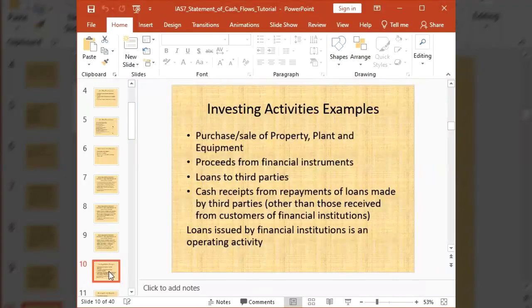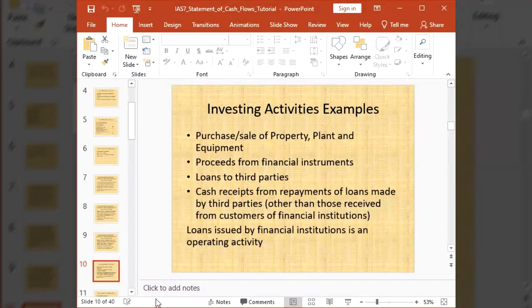What this implies is that a reporting entity is expected to purchase property, plant, and equipment because they believe that such purchase is going to lead to future economic benefits in the long run. This is why we say that they are investing activities. Also, financial instruments that are not short-term demand deposits are also investing activities, because as long as these are financial instruments of other reporting entities, then they are investing activities.